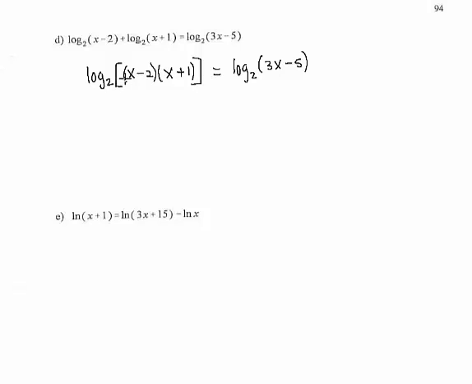And when you have this set up for an equation, then you simply drop the logs and set the arguments equal to one another. Multiplying the left hand side, we're going to end up with an x squared term.